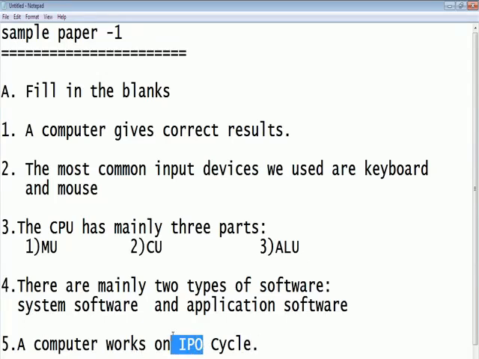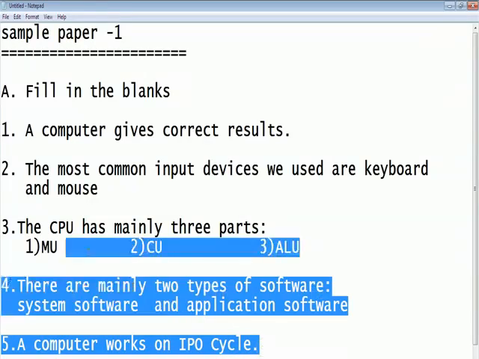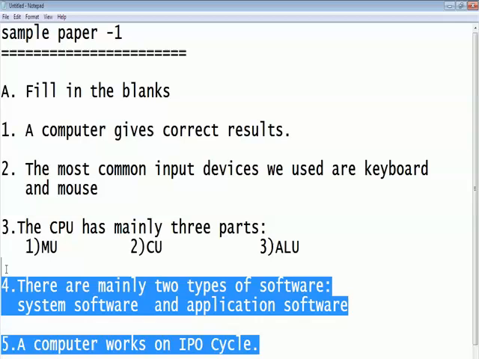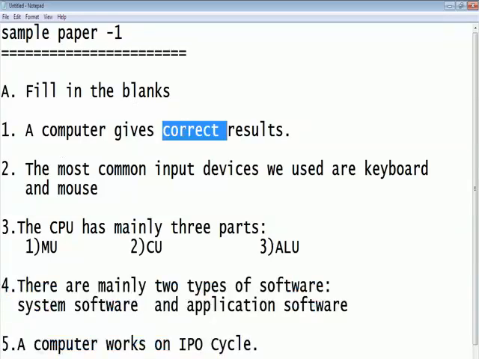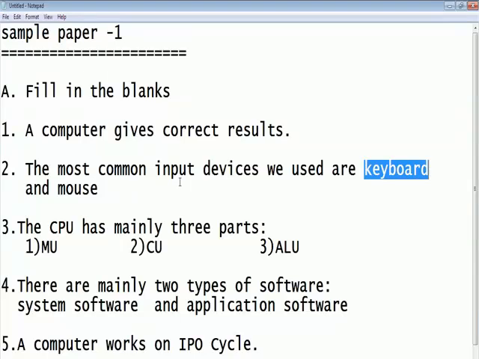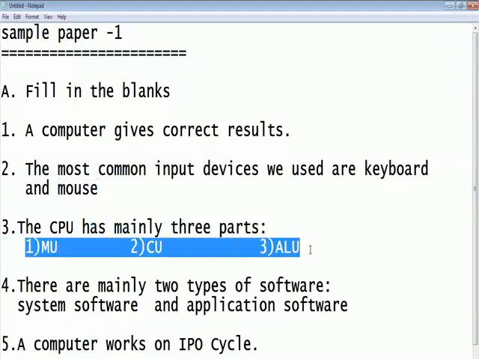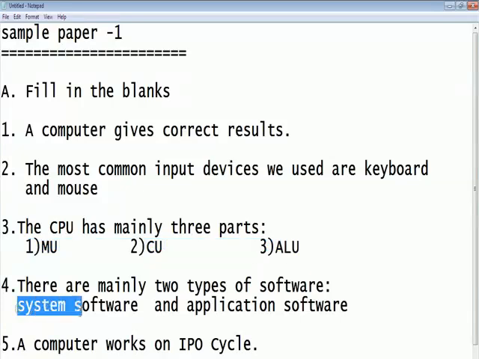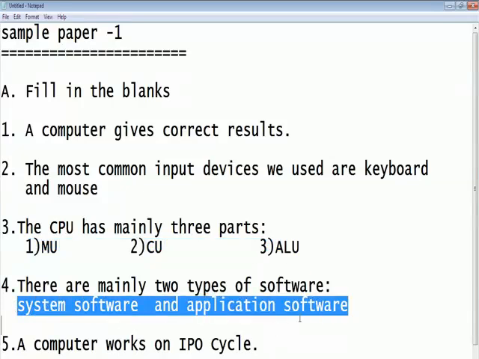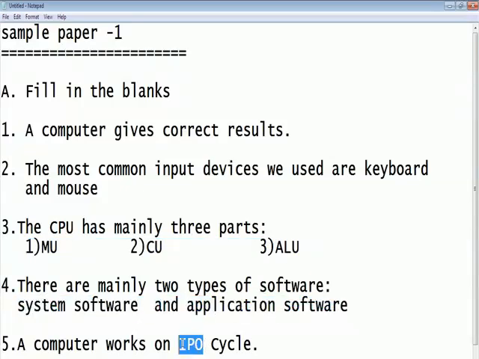So these are the 5 fill in the blanks questions. For the first one, the answer is correct. For the second one, the answer is keyboard and mouse. For the third one, the answer is MU, CU and ALU. For the fourth question, the answer is system software and application software. And for the fifth one, the answer is IPO cycle.